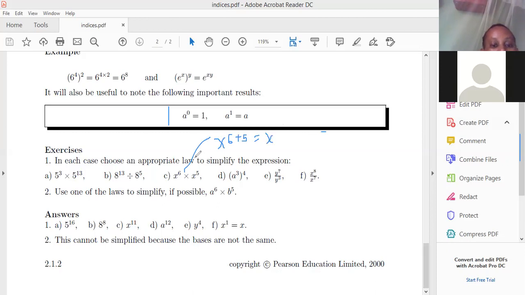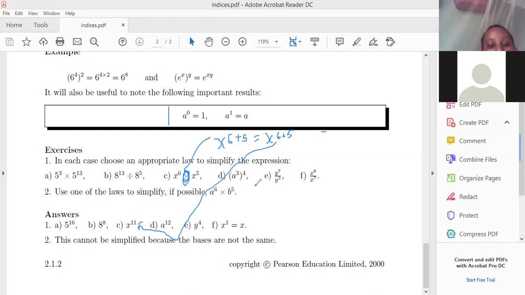But the point is, when you're multiplying, you can see here the multiplication is our operation to consider. We are again going to add these powers. So 6 plus 5 now gives us the x that you see here as our answer, which is raised to the power of 11.